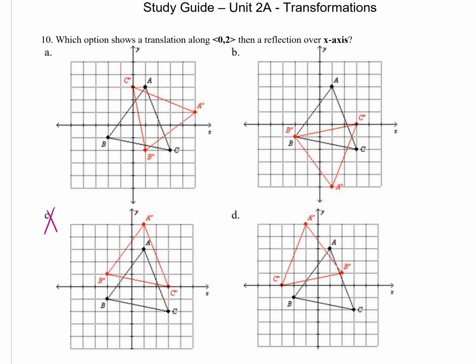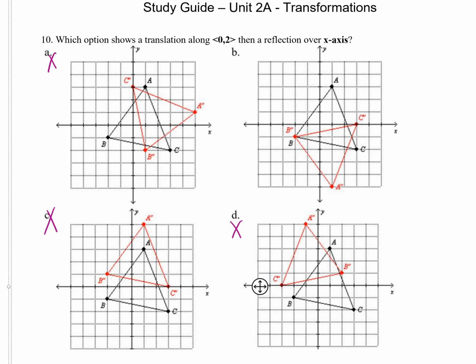And also D looks like it's probably not going to be a choice because A and A prime are both on the same side of X. I doubt it's going to be this one again because A and A prime are on the same side of the axis. But let's check this one out.